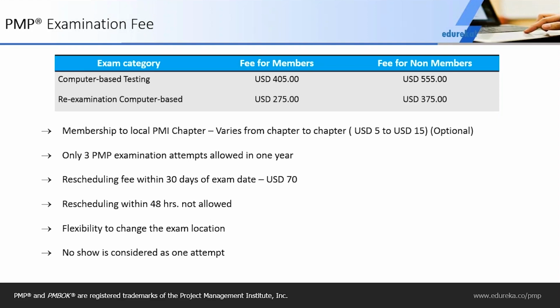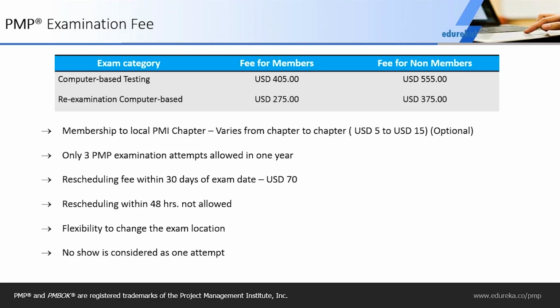So if any person fails to clear it in the first attempt, then that person can rebook the examination after a gap of 30 days. So suppose you book on 6th of August, you book the examination date for 15th of September, and the person went for the examination and failed, then that person can reappear for the examination after 15th October.